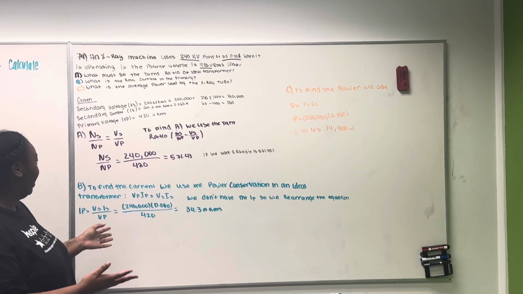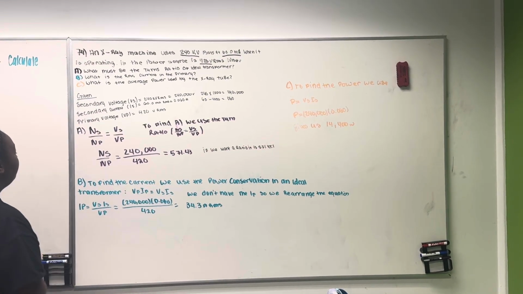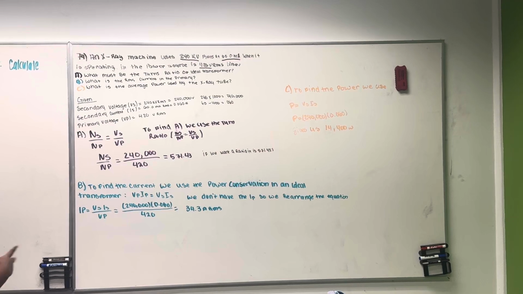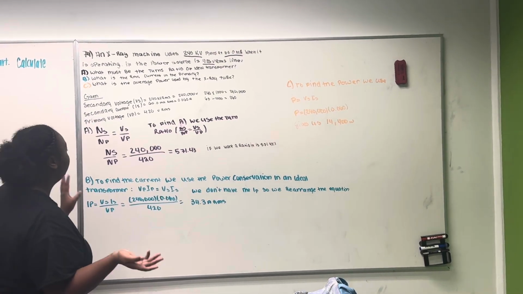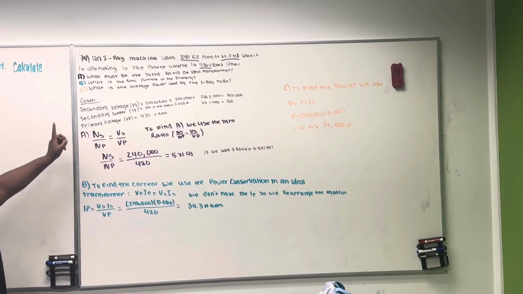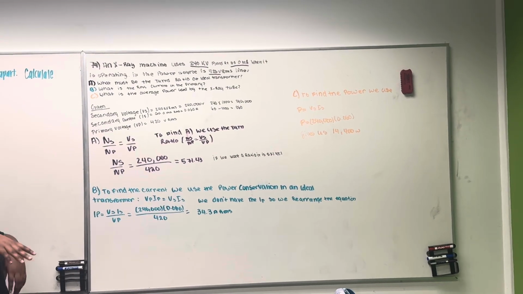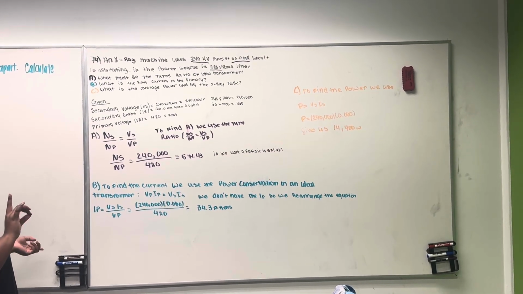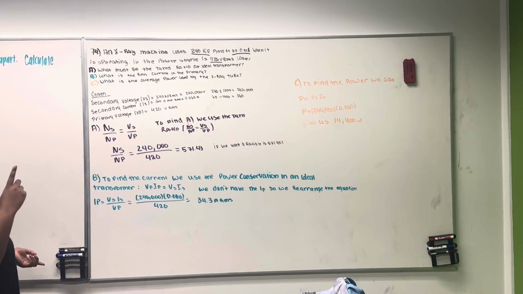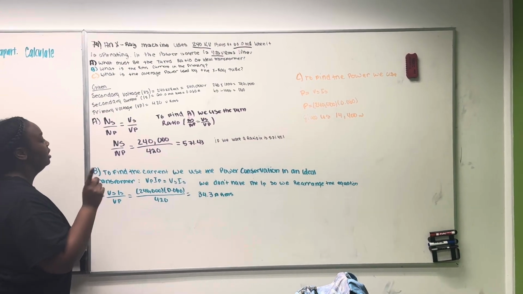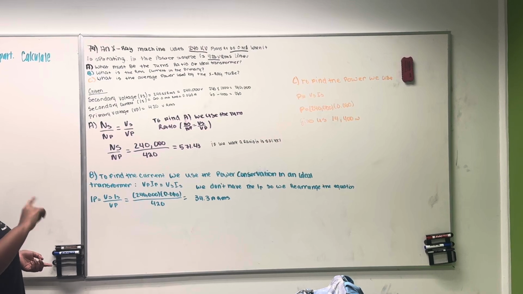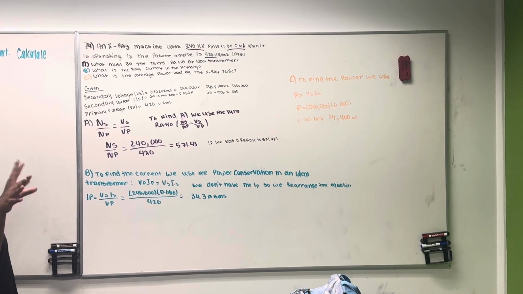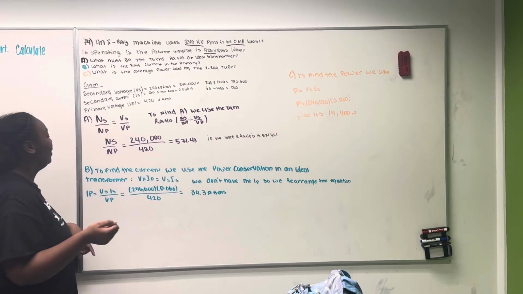To find the answer to our first question, which is our turns ratio, we have to put it in this ratio: our secondary turns divided by our primary turns equals our secondary voltage divided by our primary voltage.